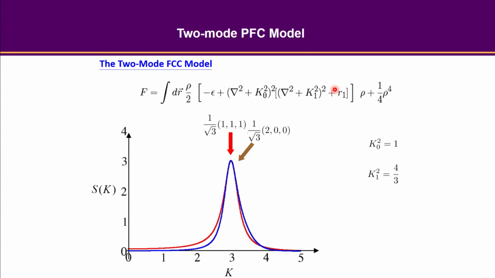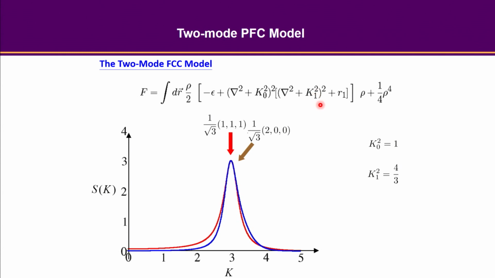Okay? So we have already talked about why we choose the second mode as 200, because it can combine with 111 to give us a closed triangle in reciprocal space. And we also talked about having one more degree of freedom, R1, so we can tune how strongly I would like to excite my second mode.